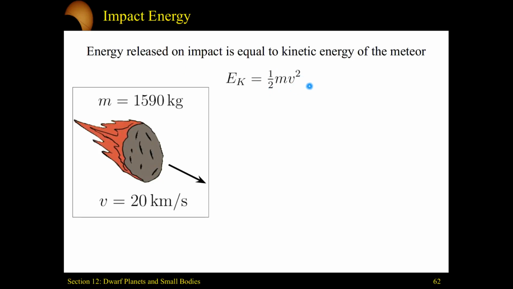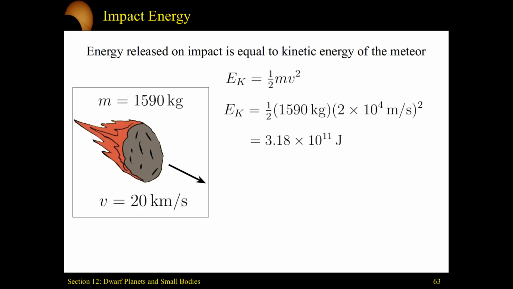So the faster the object's moving, the more energy it has. So let's just plug in the numbers and calculate the result. We'll say 1/2 the mass of the meteorite, 1,590 kilograms, times its speed, converting it into meters per second, 2 times 10^4 meters per second, squared. And we get the result of 3.18 times 10^11 joules.